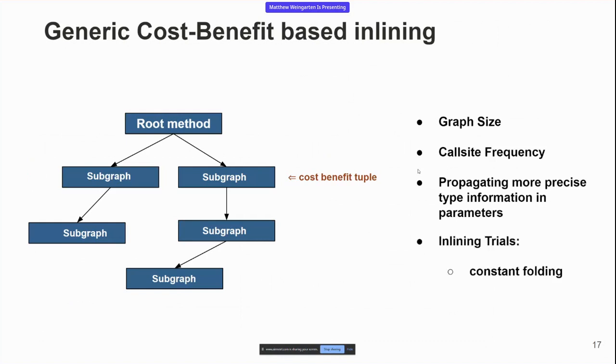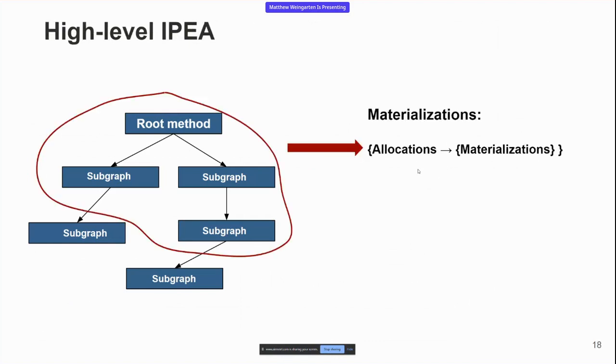It performs some inlining trials with constant folding, strength reduction, and more. So a lot of stuff is being considered for this cost-benefit tuple. Our goal is to run an interprocedural partial escape analysis phase on a subtree of this call tree, compute this mapping between allocations and materializations, and from there compute the materialization frequency.